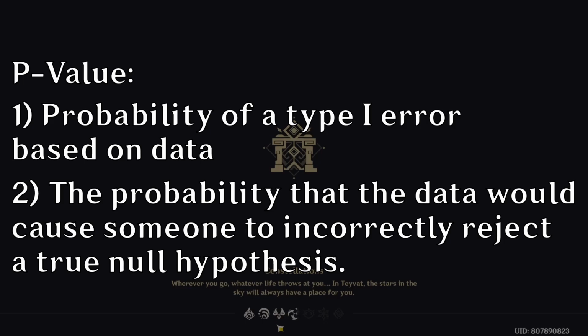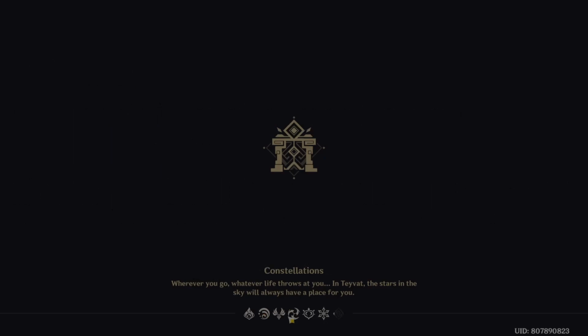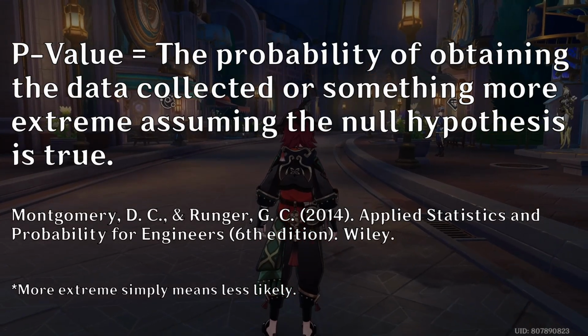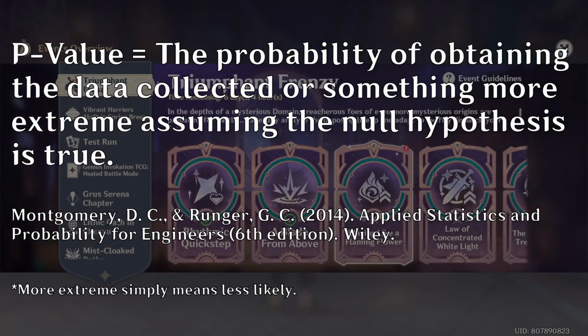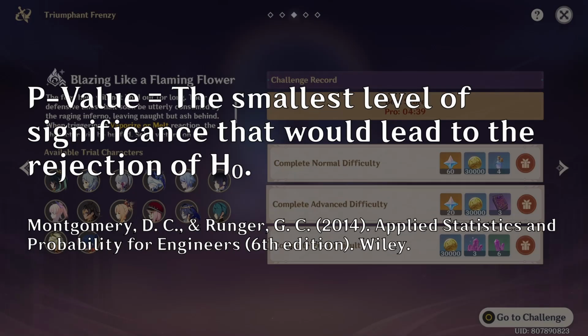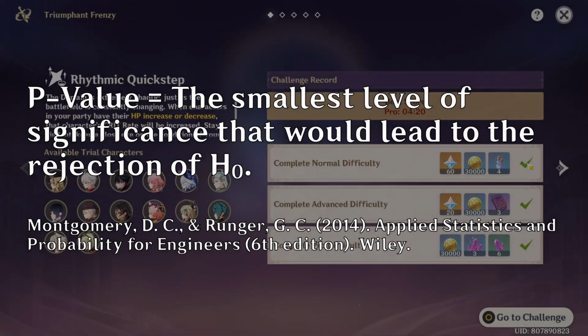I want to point out that this definition is not one taught in conventional statistics classes. Here are the 2 definitions I've learned. It is the probability of obtaining the data collected or something more extreme, assuming that the null hypothesis is true. Or alternatively, it is the smallest level of significance that would lead to the rejection of H0 from a given data.